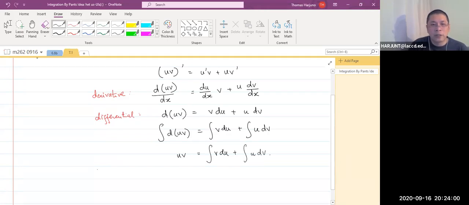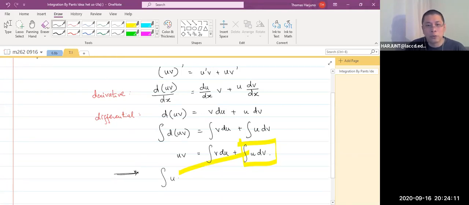Now that gives you the idea of integration by parts, in which the integral of u dphi equals u phi minus the integral of phi du.